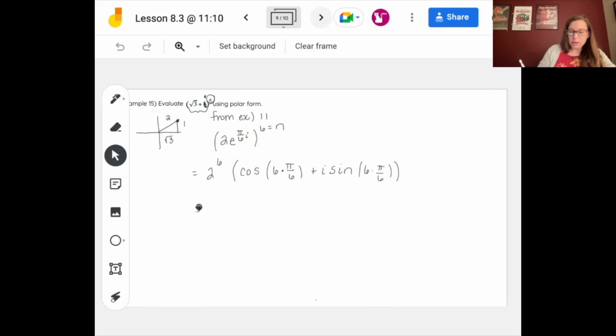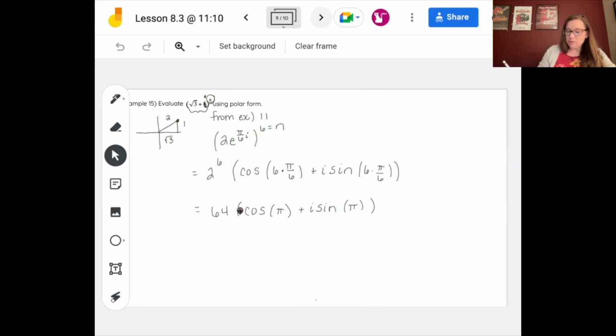Let the calculator work for 2 to the 6th power, so 64. Cosine of pi, since 6 times pi over 6 is pi, plus i sine of pi. And then, of course, evaluate when we can.